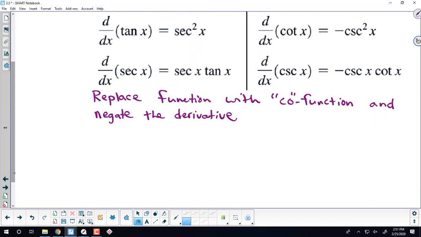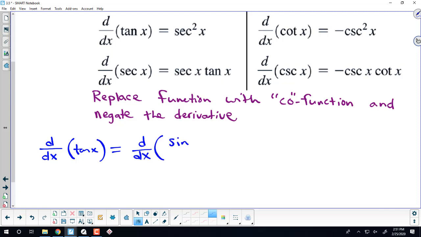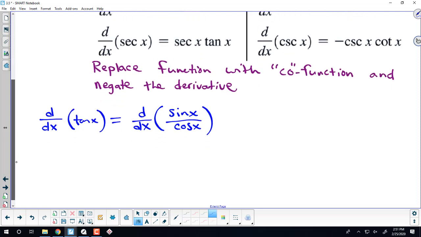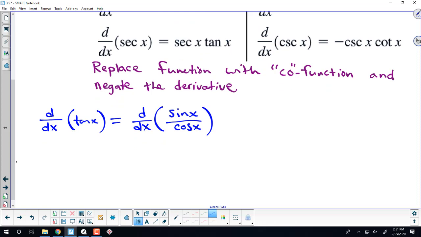So for tangent, we can get all of these since they're just reciprocals of sines and cosines. The derivative of tangent can be thought of as the derivative of sine over cosine. So we really only need to prove the derivative of sine and cosine.